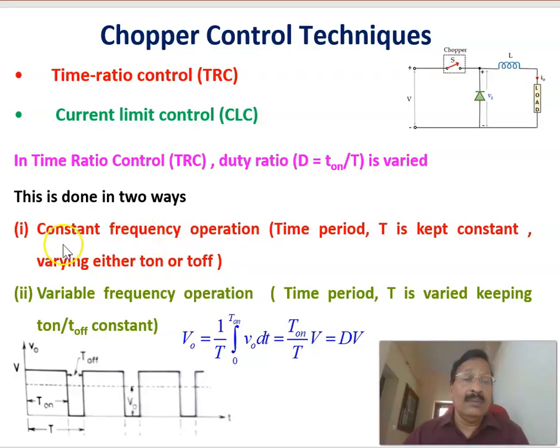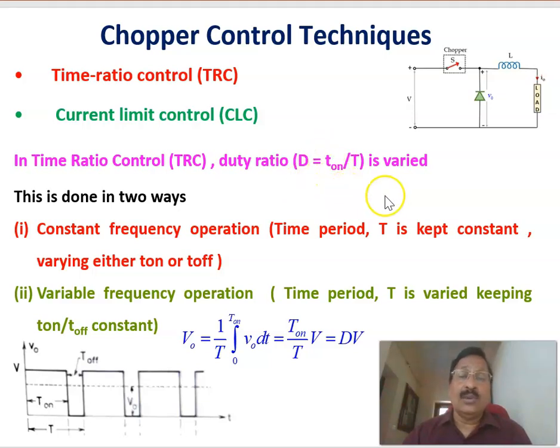Therefore, TRC can be implemented by two methods. One we call constant frequency operation. In constant frequency operation, the time period T is kept constant, or automatically f equal to 1 by T is kept constant, and either T on or T off is varied.